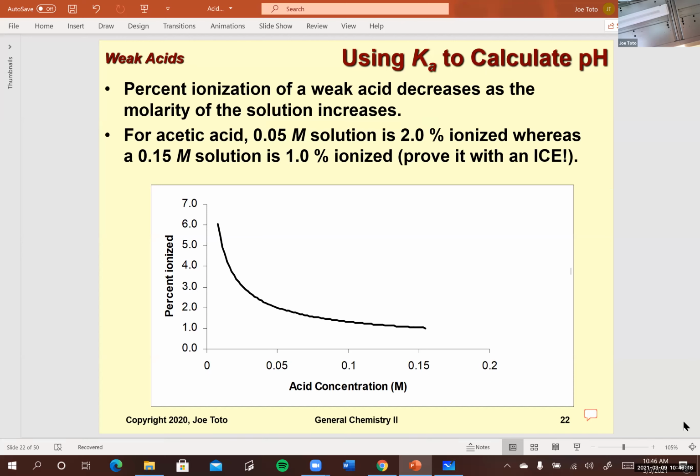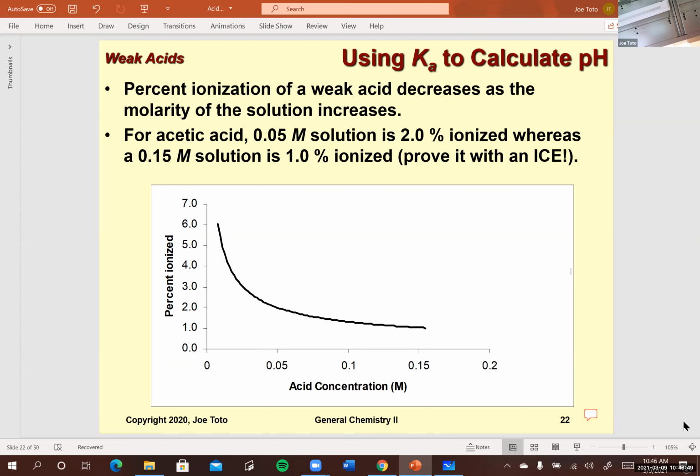All right, this next slide moves on to something different but related. It turns out that the percent ionization of a compound decreases when the concentration increases. And we kind of glossed over a little bit what percent ionization is. So maybe we should take a look at a problem.